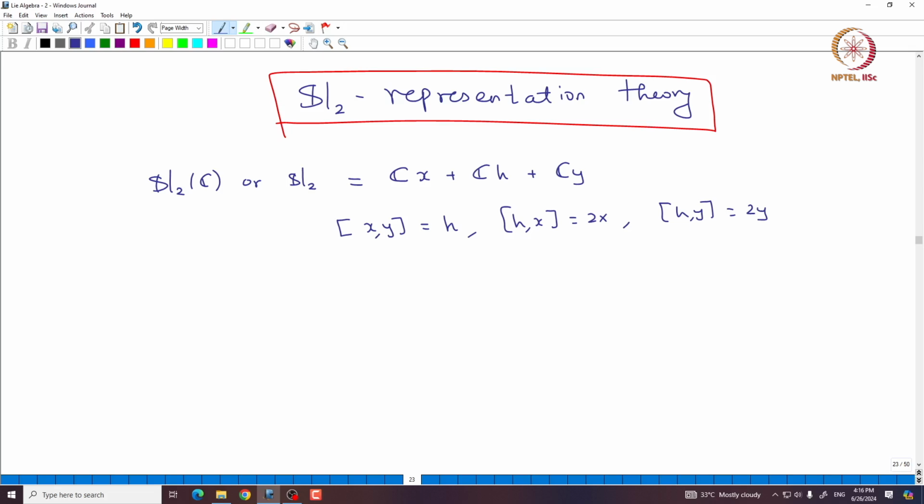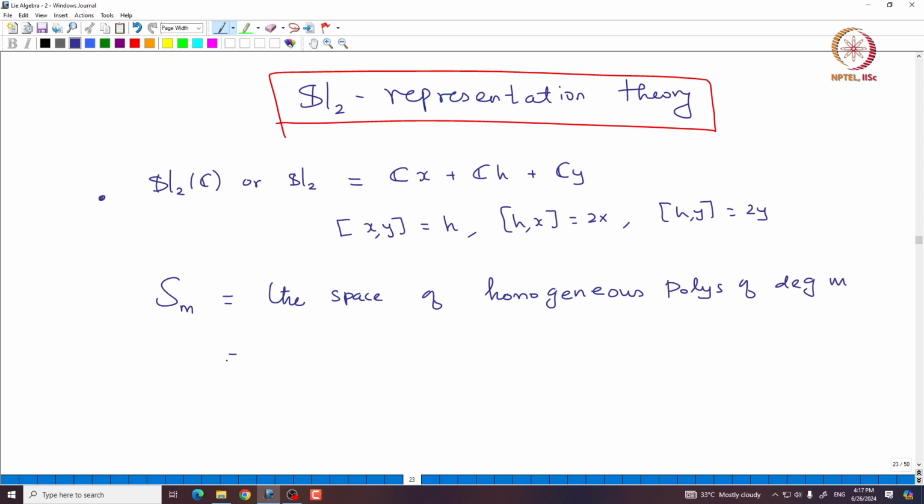what one can do is take the space of homogeneous polynomials of degree m. Okay, so take this Sm. This is the space of homogeneous polynomials of degree m.